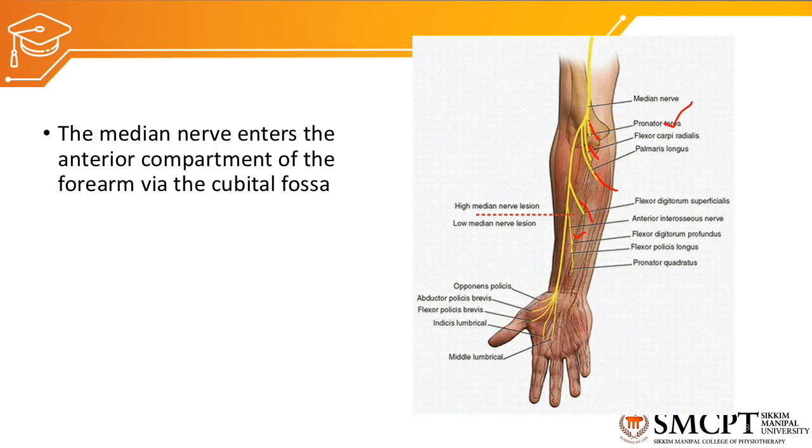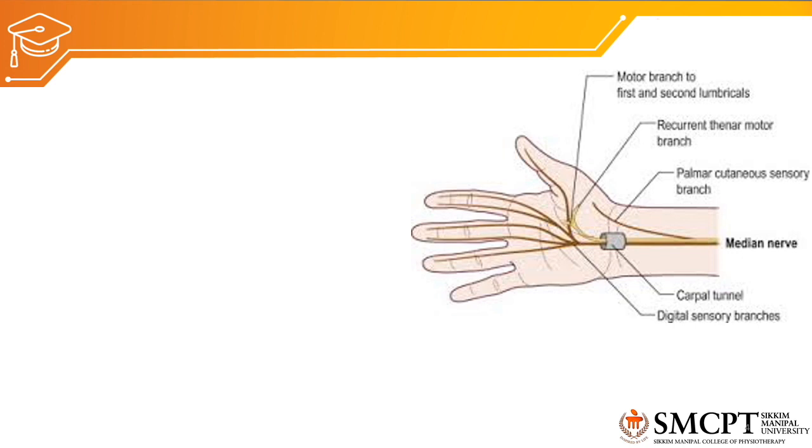Once it reaches the wrist, it again branches into the sensory and the motor branch. The motor branch, which is called the recurrent thenar motor branch, supplies the thenar muscles as well as the lateral two lumbricals.